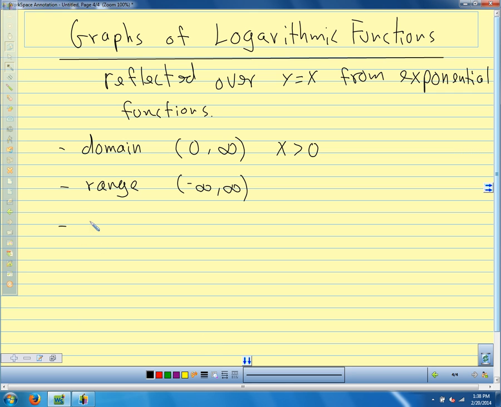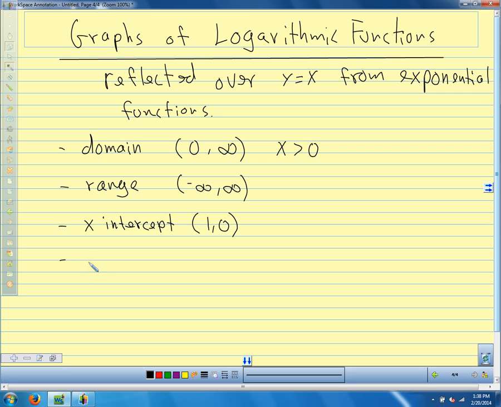Because we're reflecting over the line y equals x, our y-intercept becomes an x-intercept. So we're going to have an x-intercept at 1, 0. Always. An unshifted logarithmic function is always going to go through the point 1, 0.